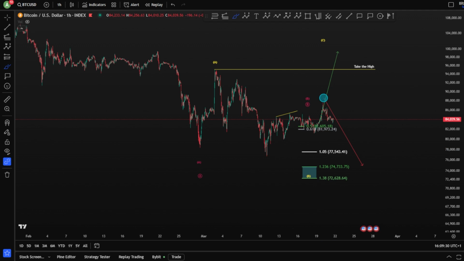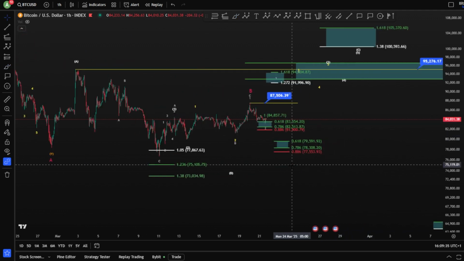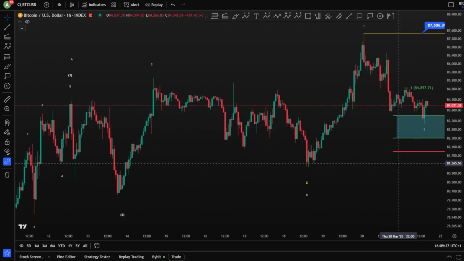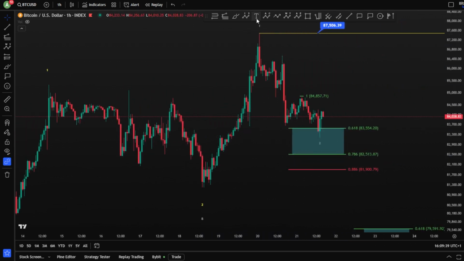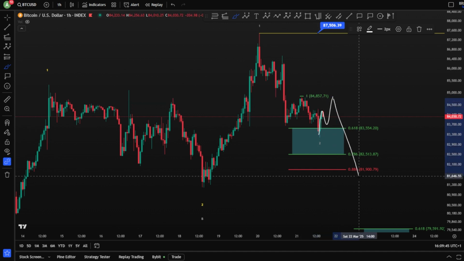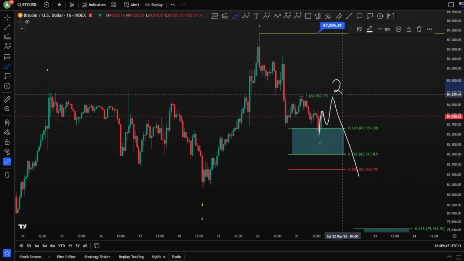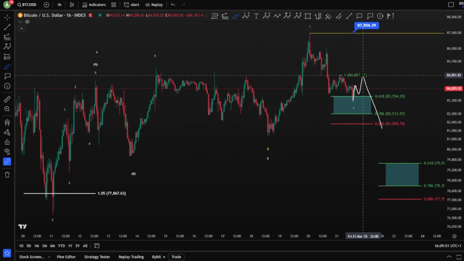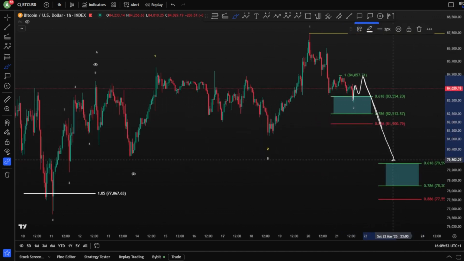Meaning right now, the next scenario is going to be the following. I believe we're going to see some move toward the upside. Potentially, we might see something like this, ABC, and then continuation toward the downside. It might be a wave 2, it might be a wave B. If it is a wave B, you would like to hit again this box.